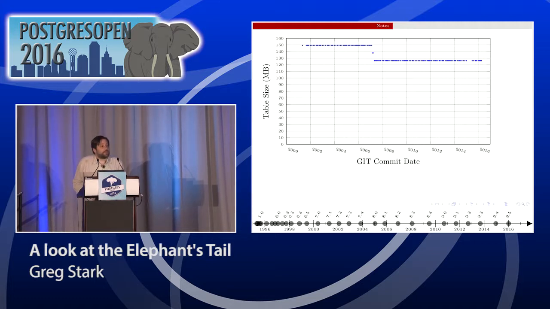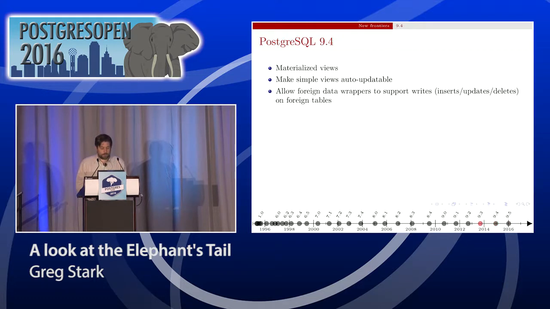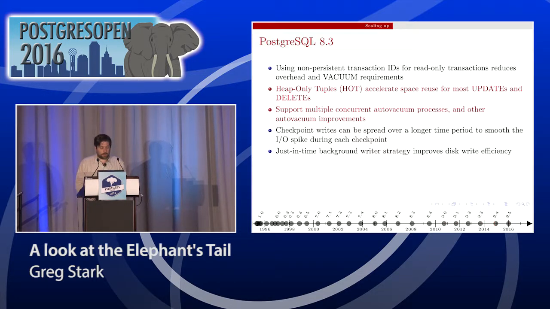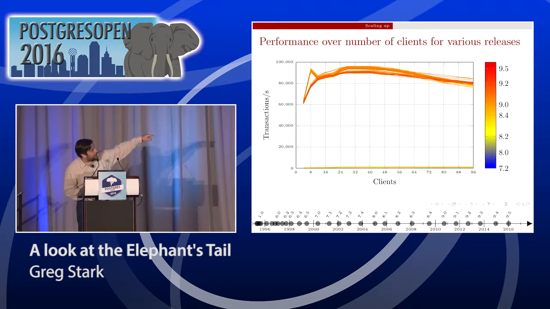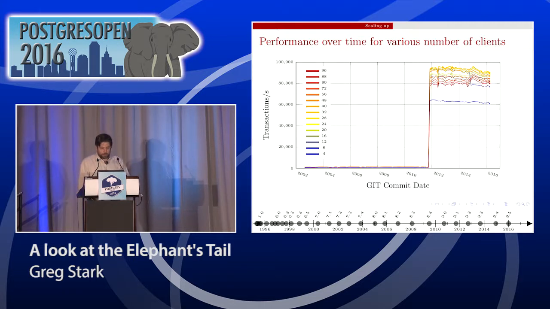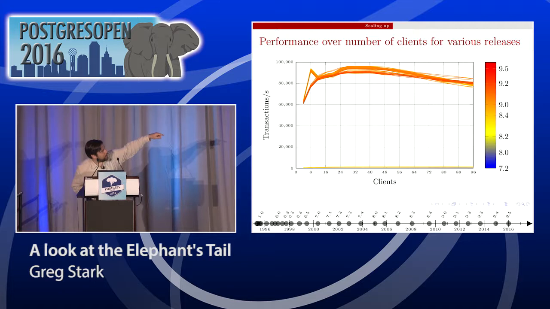Yes? The graph that you had that showed performance over time, that purple line, the second from the bottom. Do you know why it dropped? So the purple line is 8 clients. That's the same as that peak on the left there, and then you see later versions don't have that peak. They just go smoothly up.